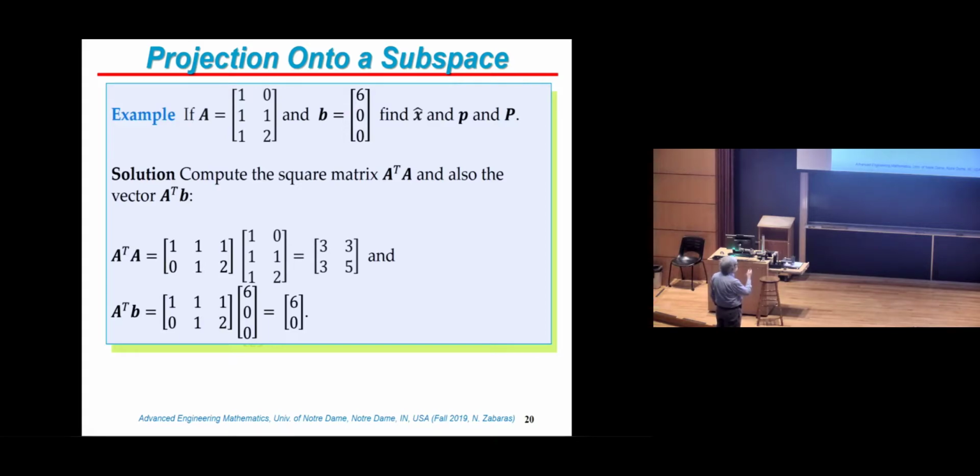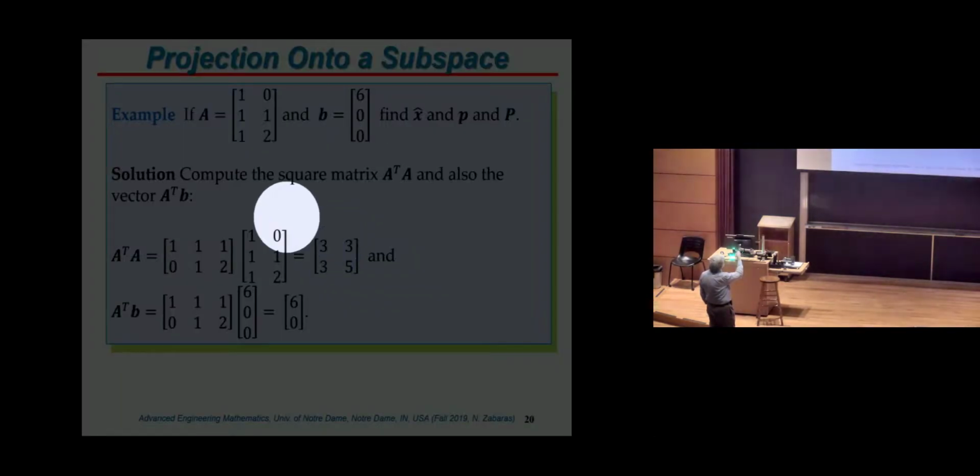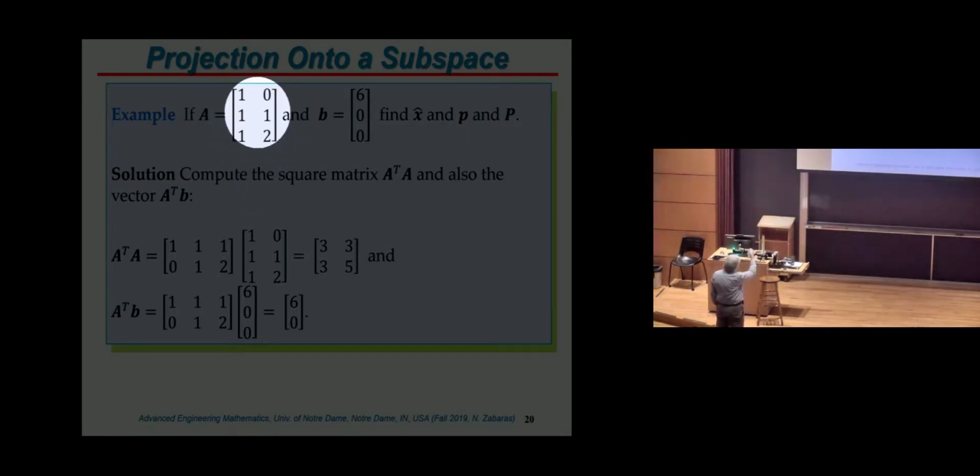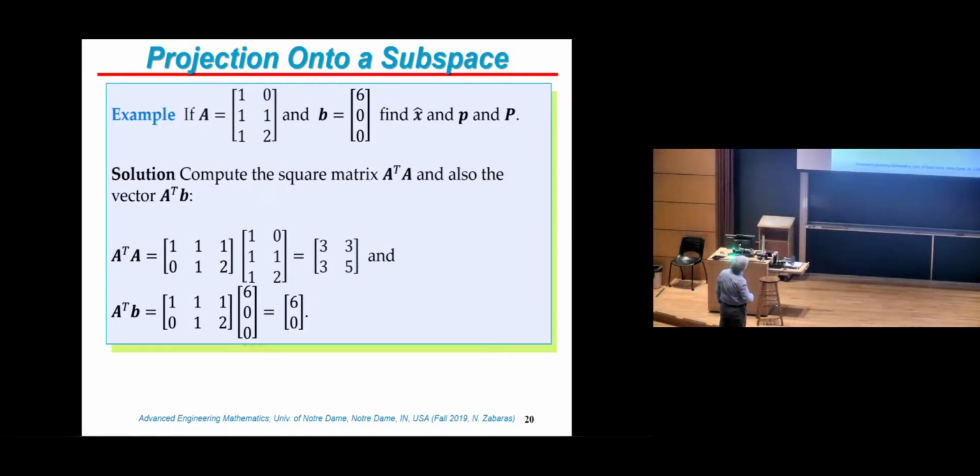Just to do an example, we have only 1 minute on why it is important for the columns to be independent. So here I have a matrix A, not invertible, you can see it's 3 by 2, and I have a b. Can you generate this b by taking a linear combination of the columns? Is that b in the column space?